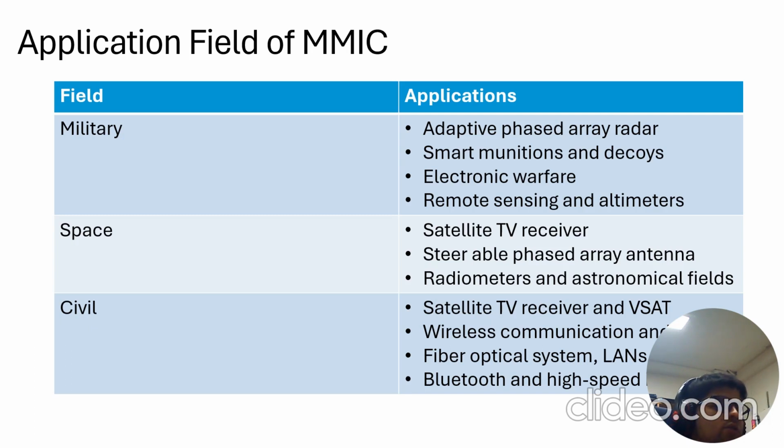In the space sector, it can be used as satellite TV receivers, phased array antennas, radiometers, and in the astronomical field. In the civil sector, it is used in satellite TV receivers, wireless communication, fiber optical systems, LAN, etc. It also uses Bluetooth and high-speed internet.